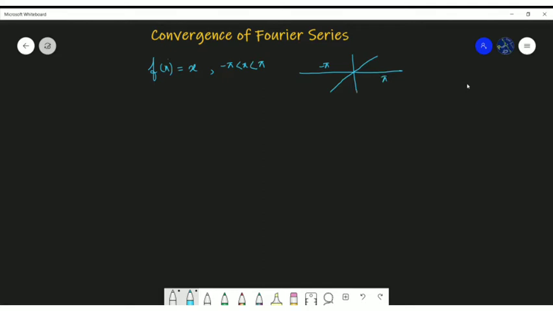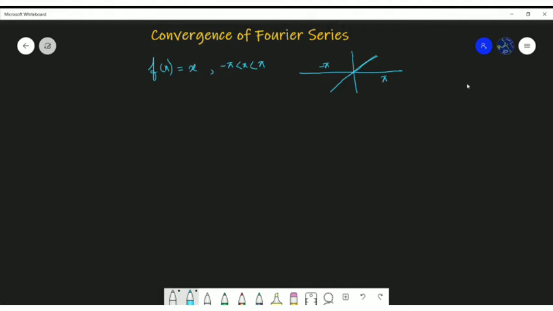Since it is an odd function, because this plot is symmetric about the origin, and these things were already discussed in the video where I discussed odd and even functions.